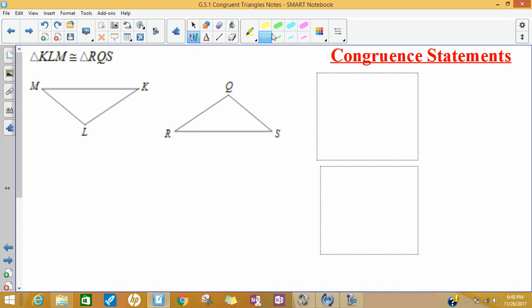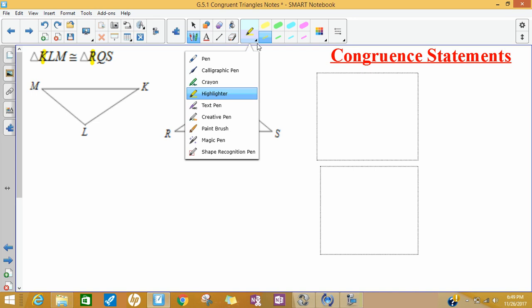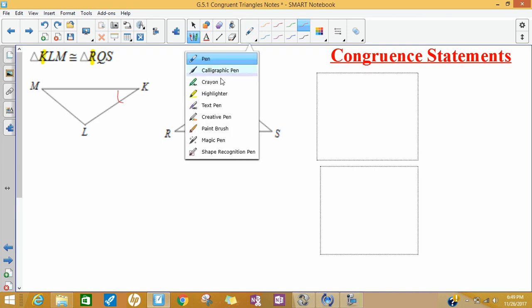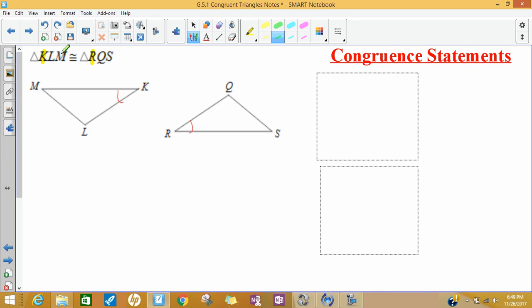So the important part is that the letter that comes first, which represents angle K, is going to be congruent and correspond to the letter that comes first in the next triangle, which is angle R. And so we can denote that on the picture by putting an arc in K and an arc in R. And so that means that angle L, the middle letter, and angle Q, those two angles are congruent.